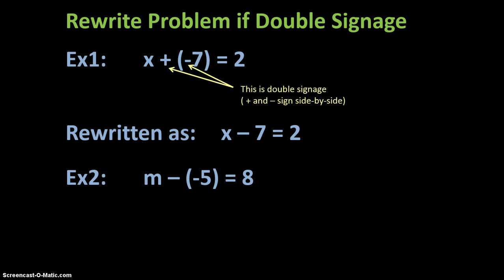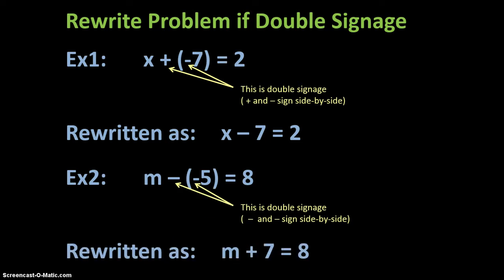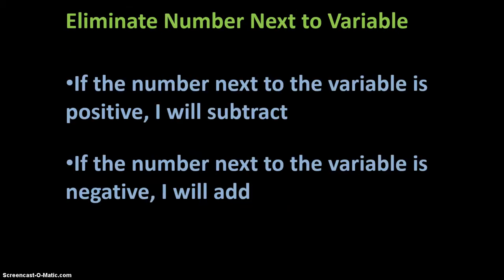If the signs are the same, take the two signs away and put a positive there. So instead of m minus negative 5, you're going to change that to m plus 5 equals 8. I know the numbers are switched there. That's just a little typographical error. We'll just go with it. The two negatives turn into a positive. That's all you need to worry about.